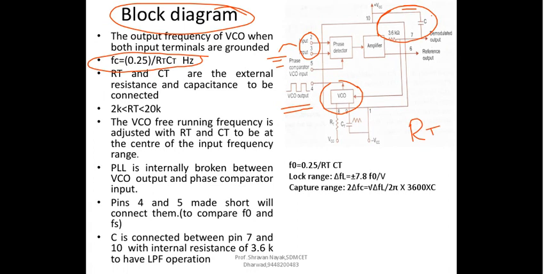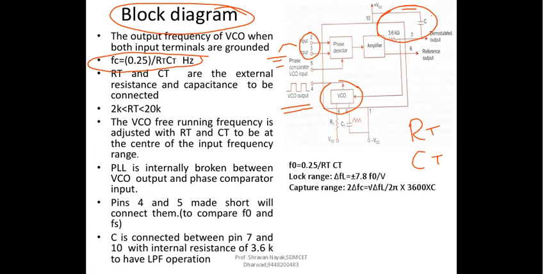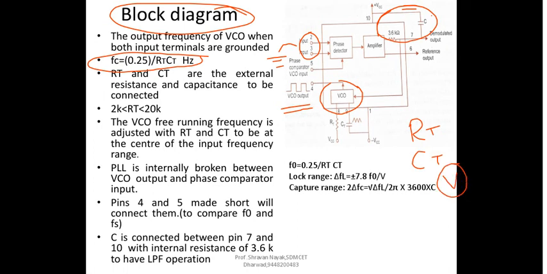Along with RT, CT and V, it is possible for us to adjust the output frequency with respect to the input frequency in voltage controlled oscillators. That's what we had discussed. Now RT and CT are external resistances which are going to be connected to pin number 8 and 9 respectively, as you can see.